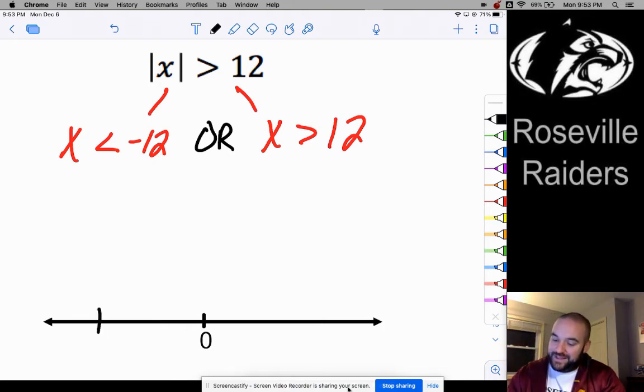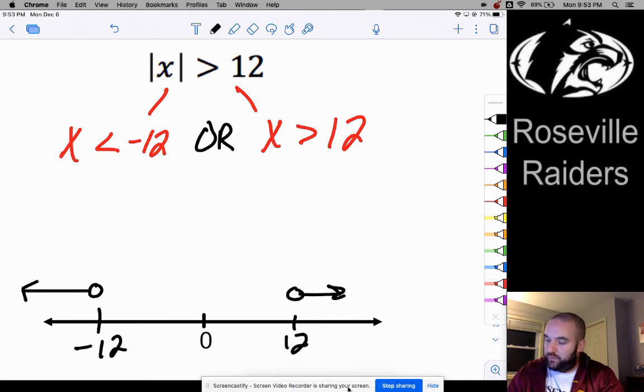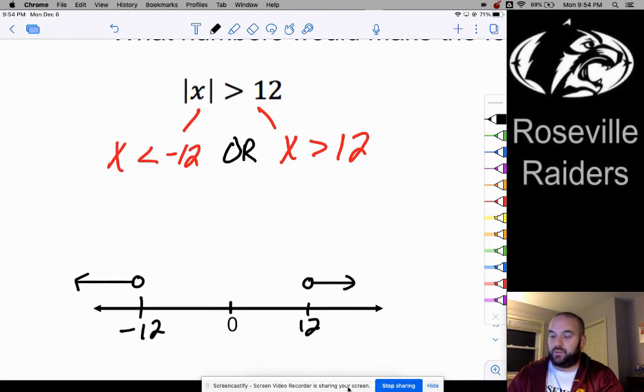X needs to be less than -12, anywhere out here, or x has to be greater than +12, which means anything out to the right. So in between -12 and 12 is bad, but anything outside of the 12s will give me a number whose absolute value is greater than 12.